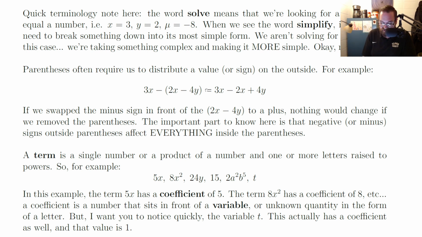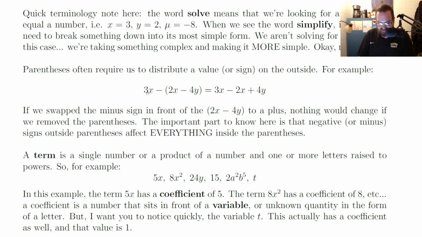If you see this example here, I've got 3x minus this whole thing. That minus sign is affecting the 2x. It's also affecting the minus 4y. You have to be really cautious to make sure that you're applying that minus sign to every single piece inside of that bracket.